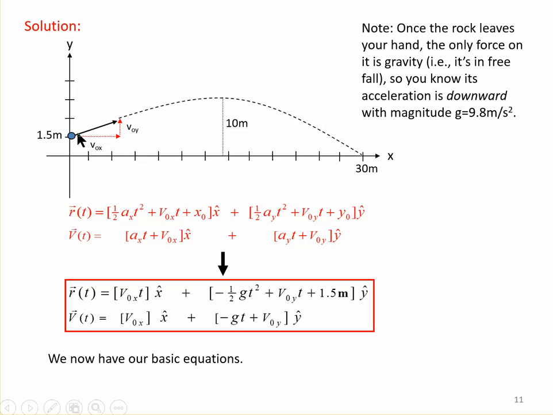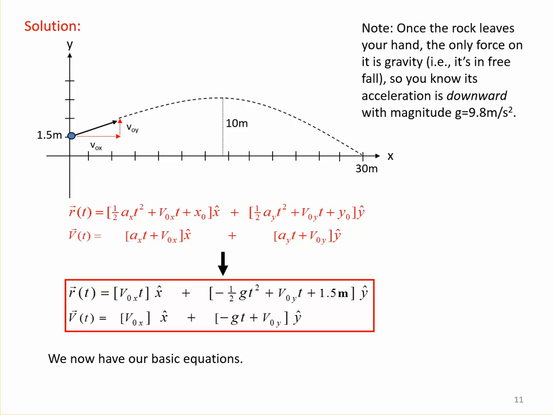Here was its initial velocity, which I don't know. I do know that whatever the initial velocity is, it has some x component and some y component, but I don't know what those are yet. So this picture encapsulates what I know about the problem. There's one other piece of information. Once the rock leaves my hand, the only force acting on it is gravity.